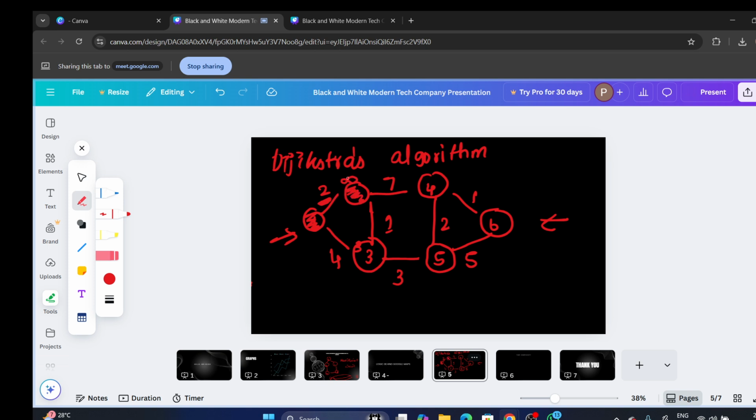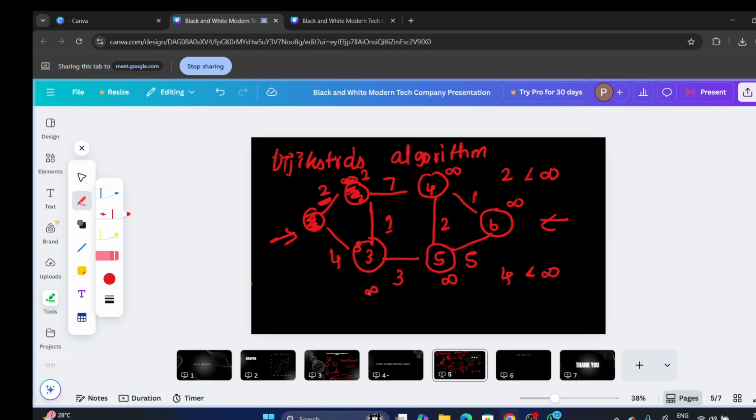And every node will be initialized to infinity. So first you will update every node to infinity and then this 2 is smaller than infinity. So in that case you will update this infinity to this distance value. Similarly, if you go to 3, this 4 is still smaller than infinity.